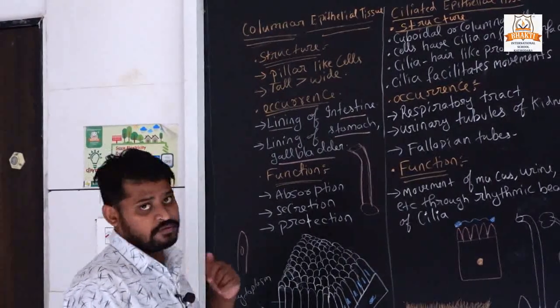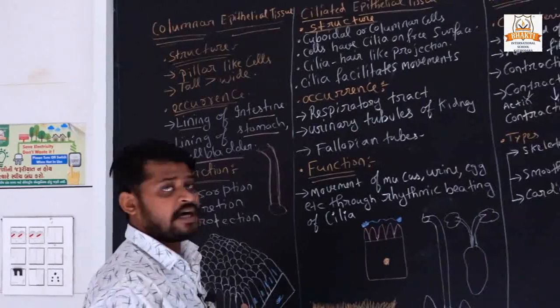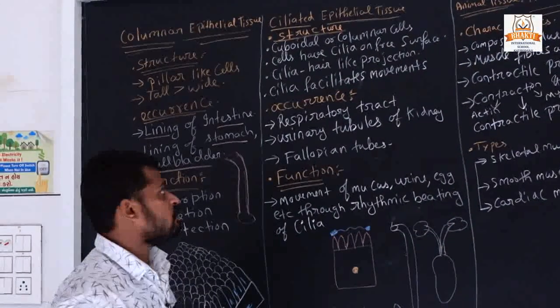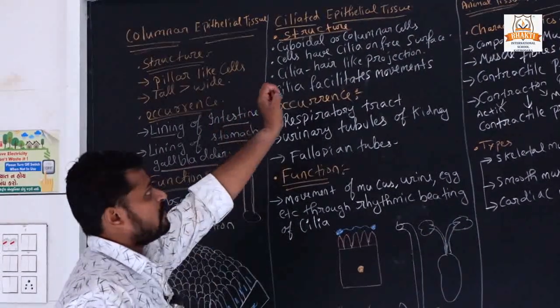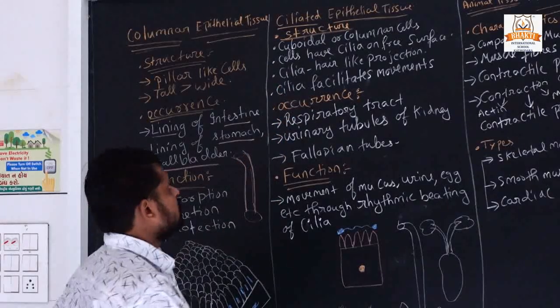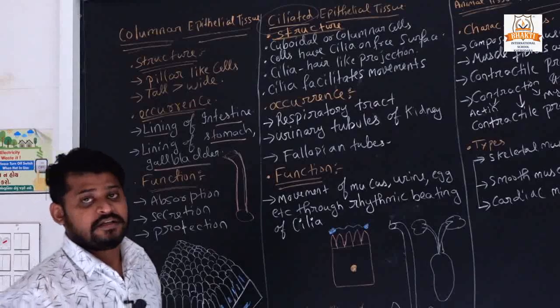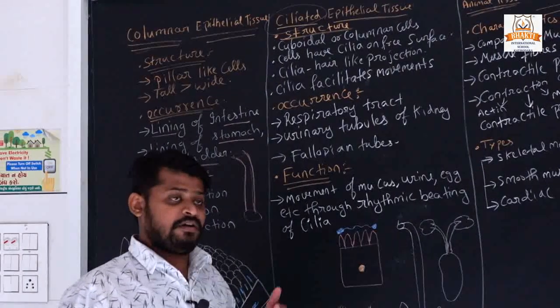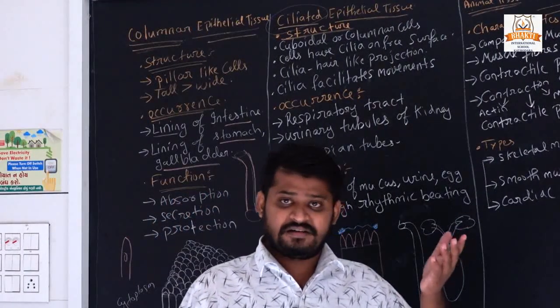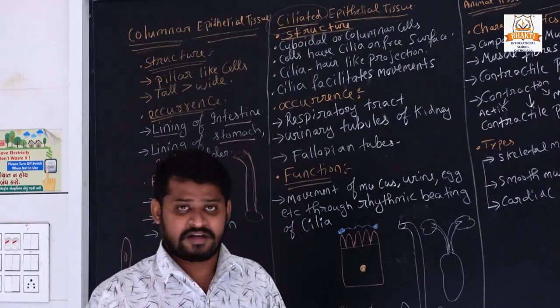Now we will go to the next and last type of epithelial tissue, that is ciliated epithelial tissue. The word ciliated means, what is cilia? We already studied it in our previous, lower classes.